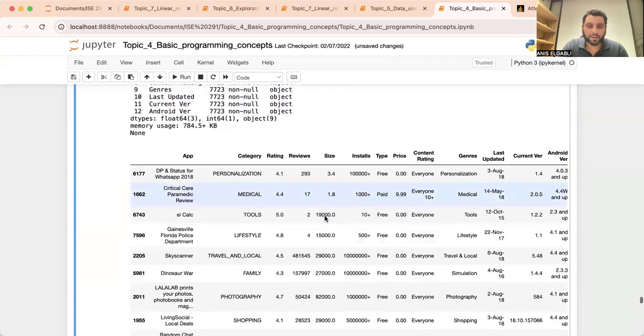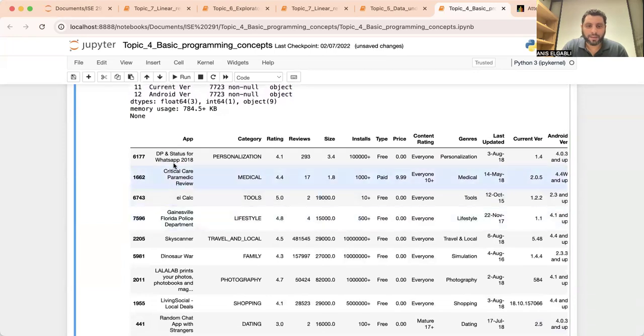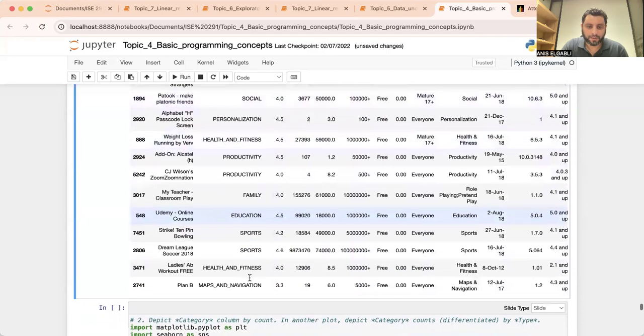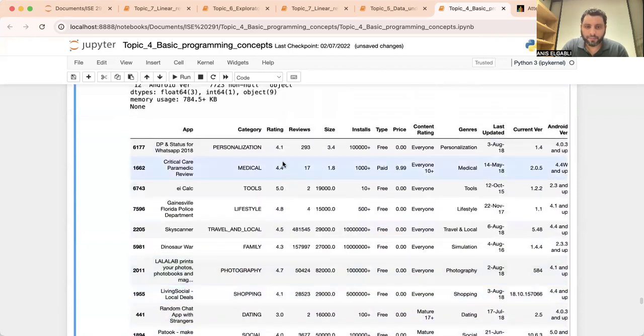So let's look at these samples here. This data is for some applications. Here is the application name. Here is the category, for example medical, tools, family, social, gaming, whatever. Here is the rating that is given to that application.